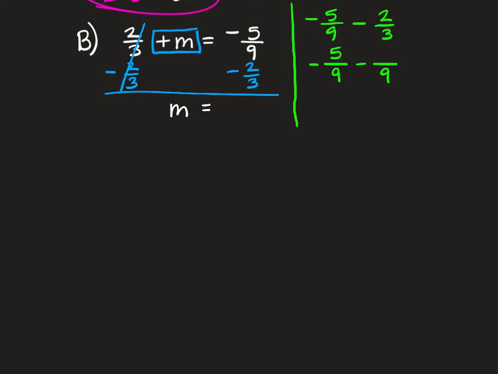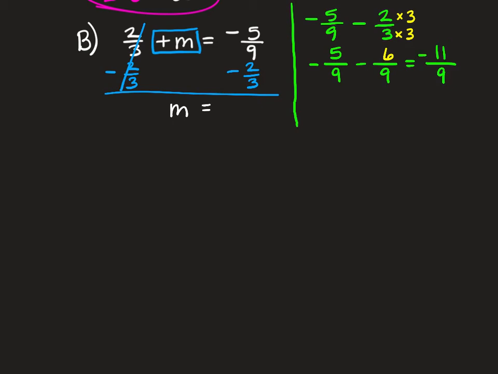So we have negative 5/9 minus 3 times 3 is 9. So to get an equivalent fraction, 2 times 3 is 6. And then we have two numbers that are both negative. So we actually add and keep our negative sign. So 5 plus 6 is 11, and we keep that negative sign.